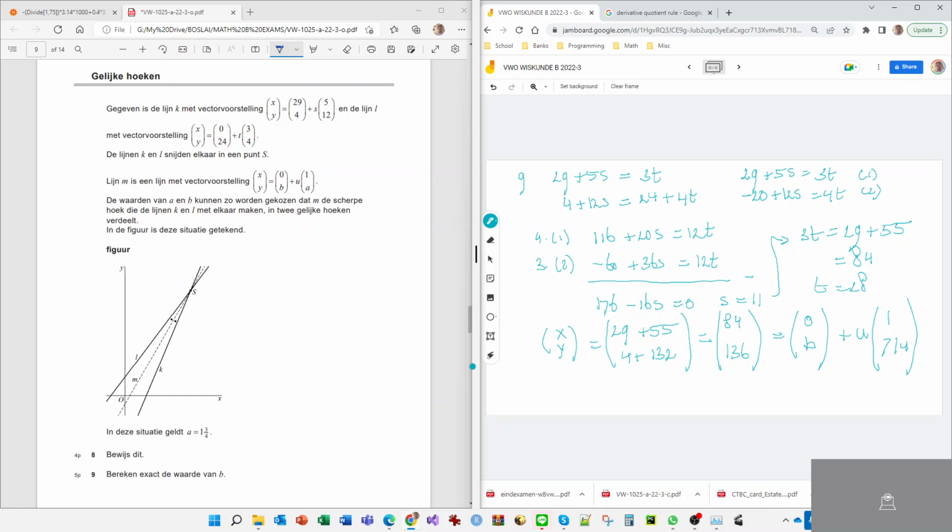So u is 84, and so b is 136 minus 84 times 7/14. Unfortunately, 84 divided by 14 is a whole number, right? It's 6.